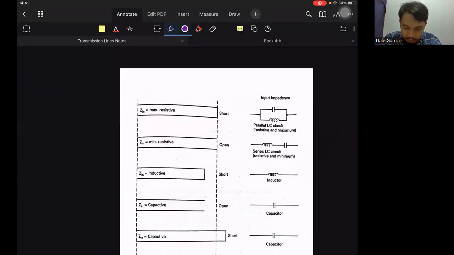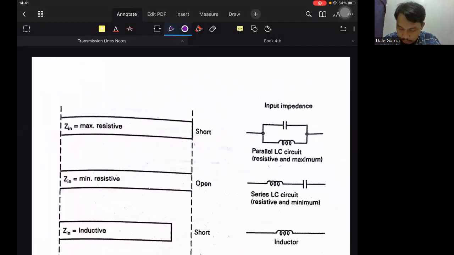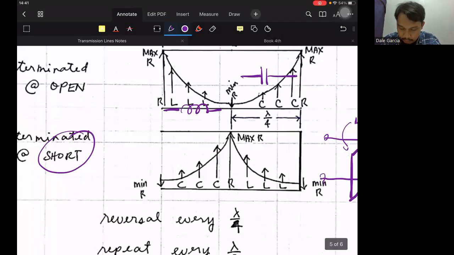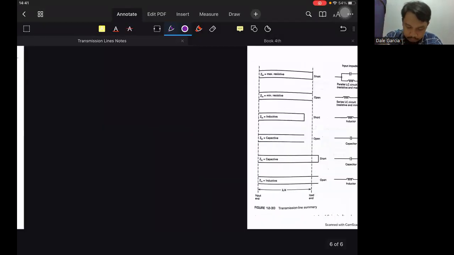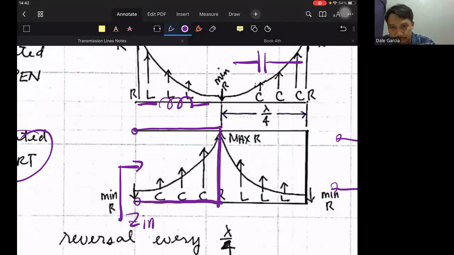Shorted 1/4 wavelength, shorted 1/4 wavelength, maximum, right. If we measure input impedance here, only 1/4 wavelength shorted, maximum resistance.